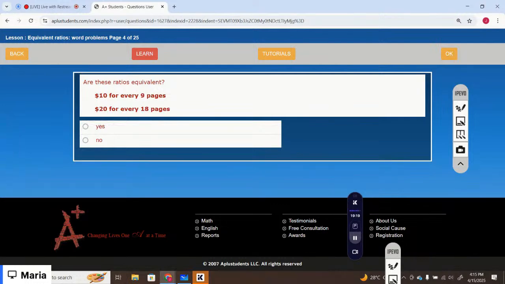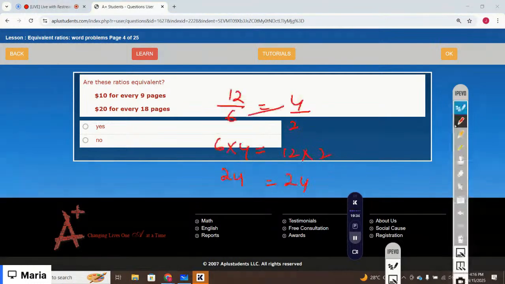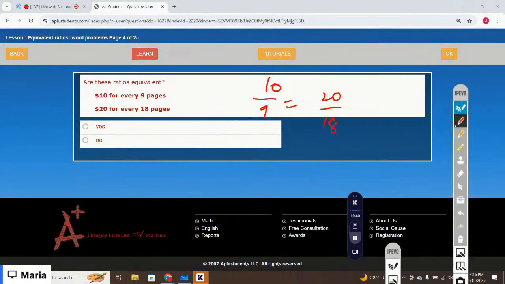Are these ratios equivalent? 10 for every 9 pages, 20 for every 18 pages. So that is 10 to 9 and 20 to 18. So which is the correct option?